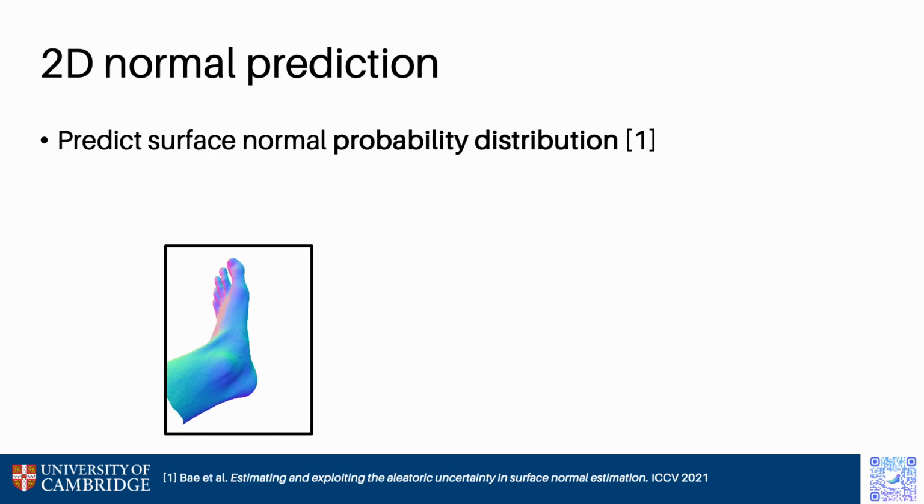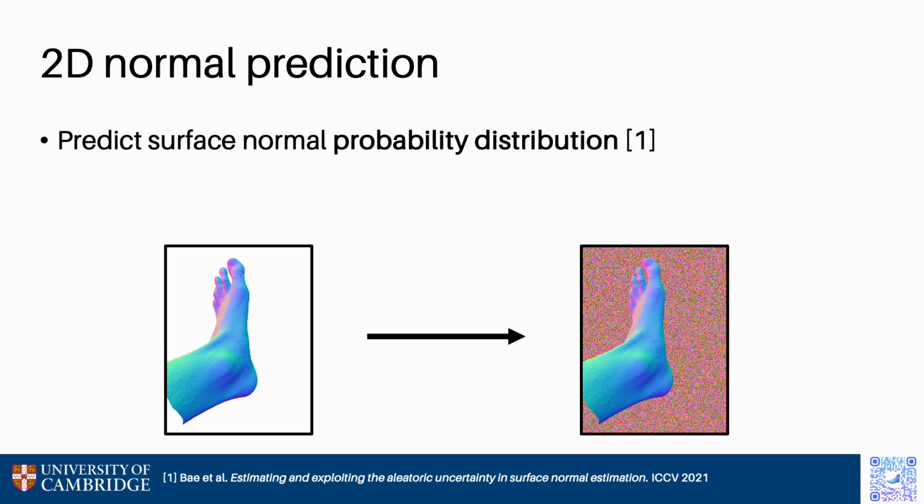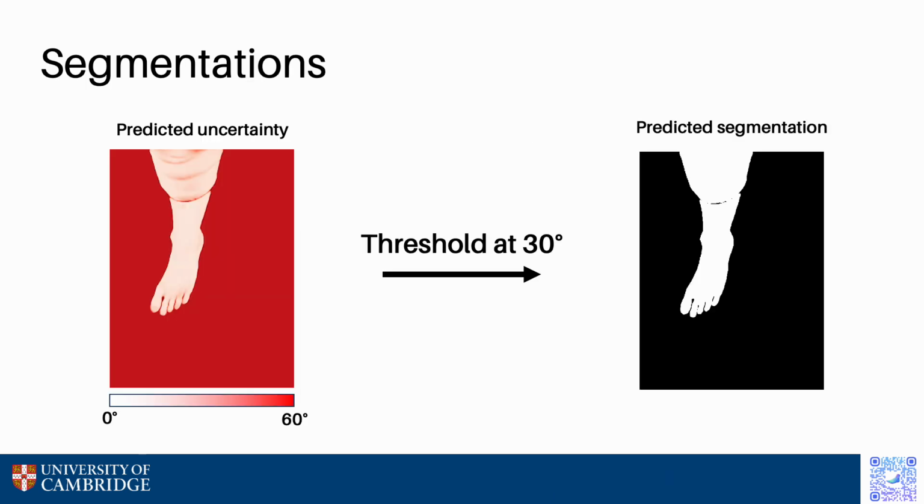Next, we train a 2D normal predictor to run on real images. We follow previous approaches and predict per pixel both a surface normal and a corresponding uncertainty. As we are not concerned with our network learning the surface normals of image backgrounds, we set our background pixels to have random surface normals in the unit hemisphere facing the camera. When training on these pixels, we do not propagate gradients to the surface normal prediction, only to the uncertainty prediction.